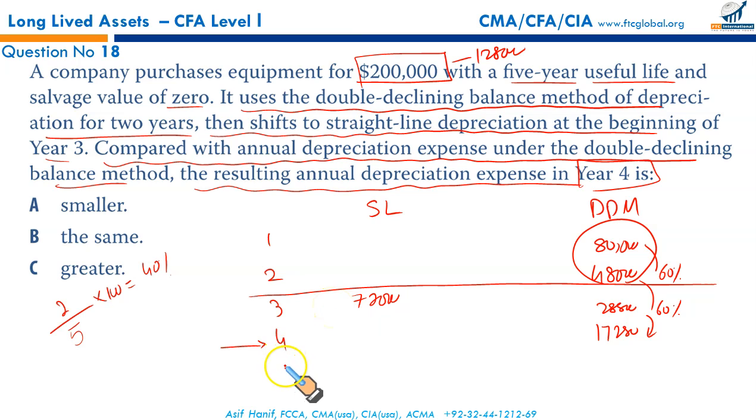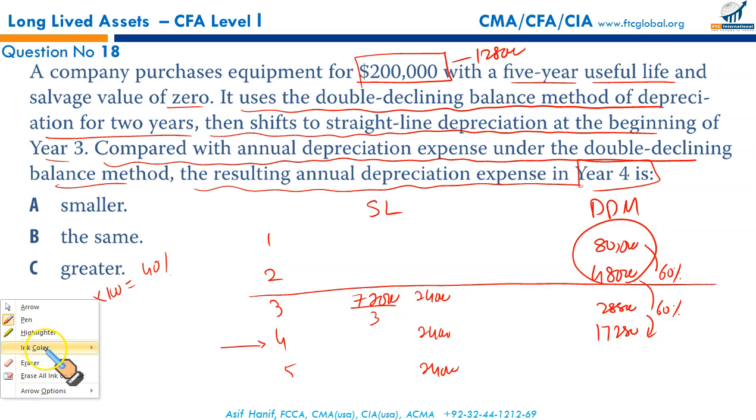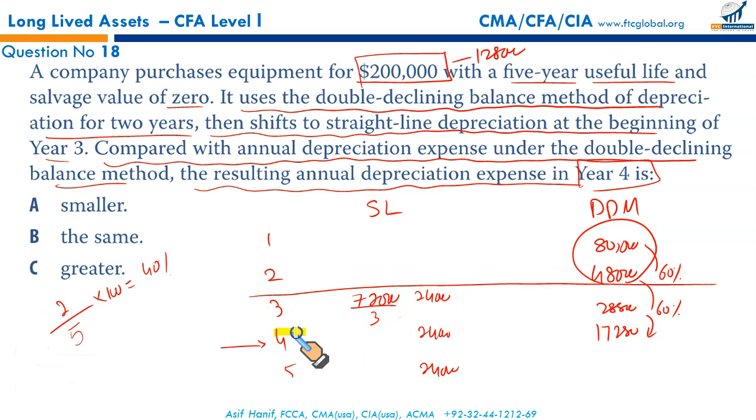Asset is for 5 years. There are 5 years there. So it means you have to split this 72,000 in 3 equal parts, meaning thereby your straight line depreciation will be 24,000 in the first year, 24,000 in the second year, and 24,000 in the third year. Since we have to compare just the 4th year only, now we have these numbers in front of each other, and now we can give our final result.